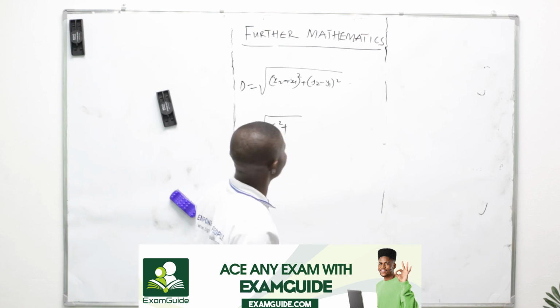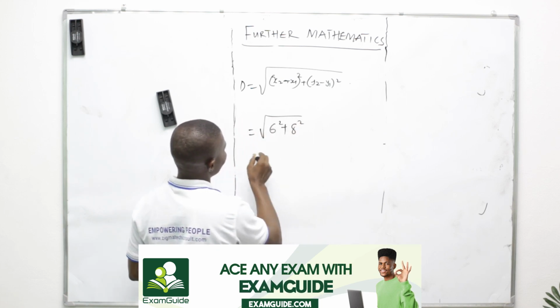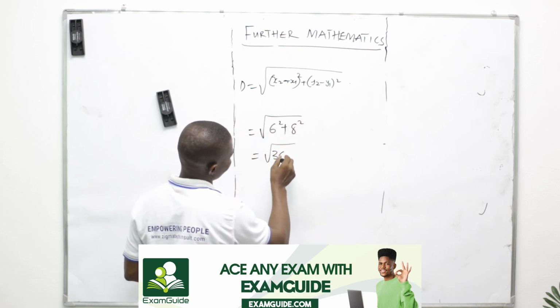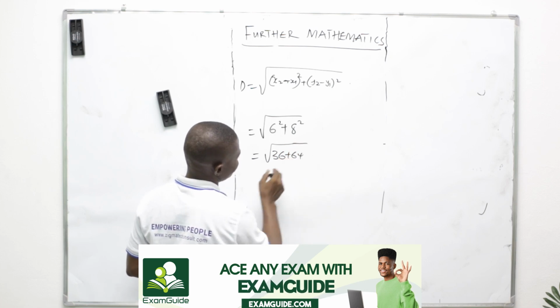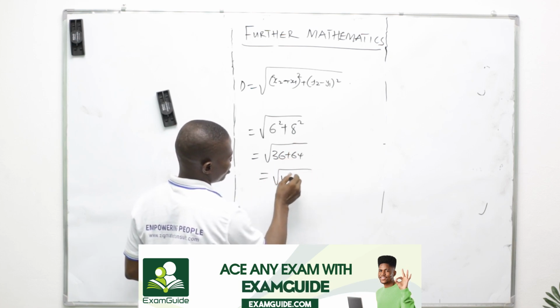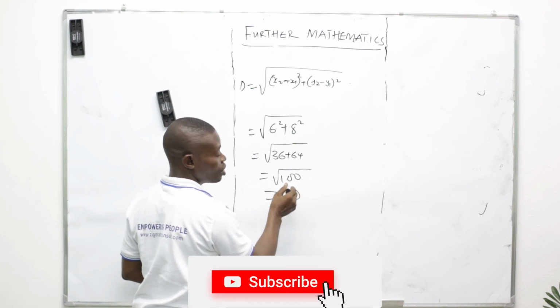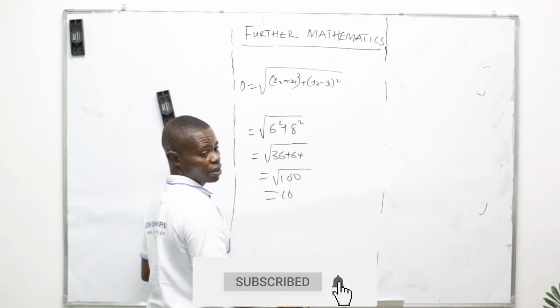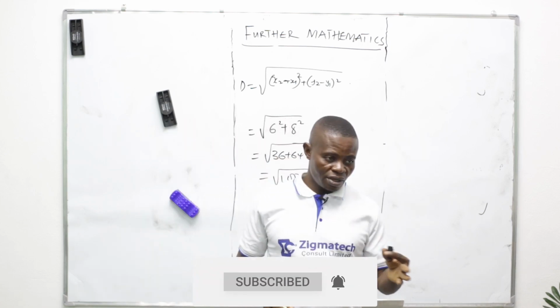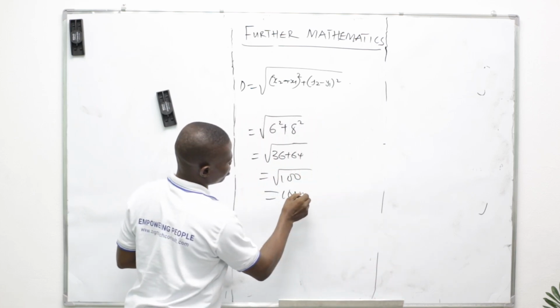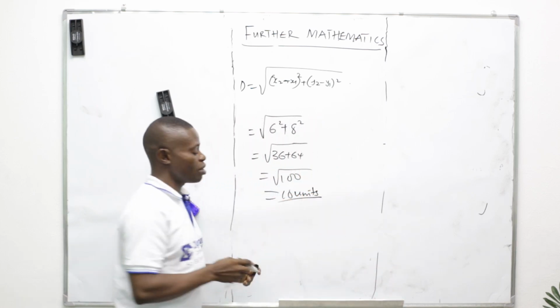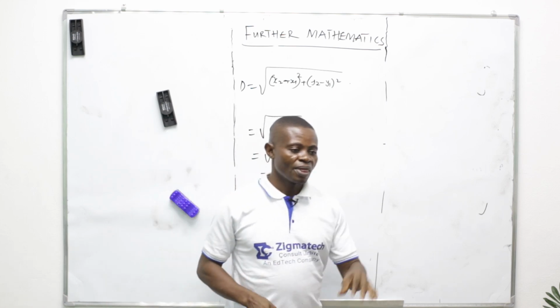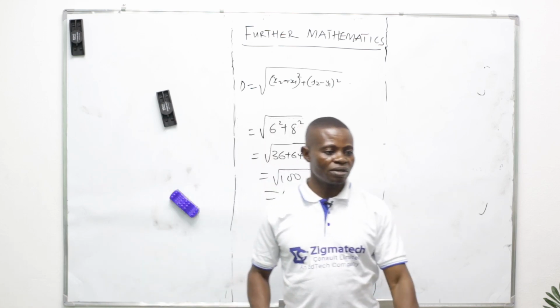Plus 3 minus 5 is minus 2... here now I'll have 36 plus 64 to give me square root of 100 equals 10 units. I have one part of this question now. It's remaining the next part of the question.